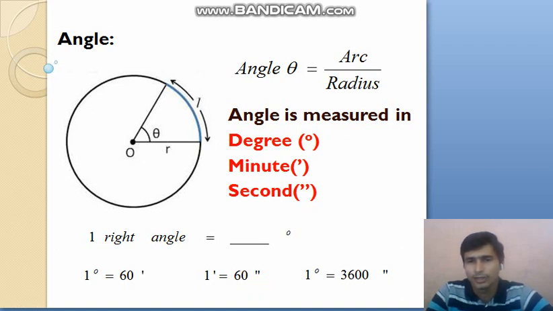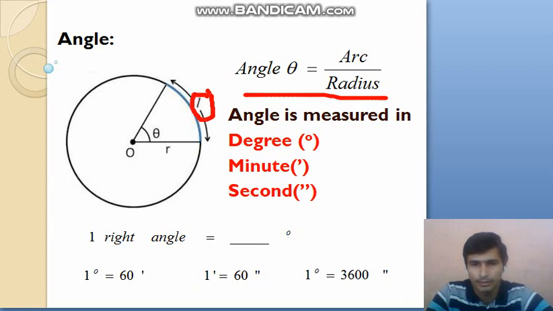Right? So angle theta is equal to arc divided by radius. Here, as shown in the figure, the length of the arc is L and the radius of the circle is small r. So angle is L divided by r.